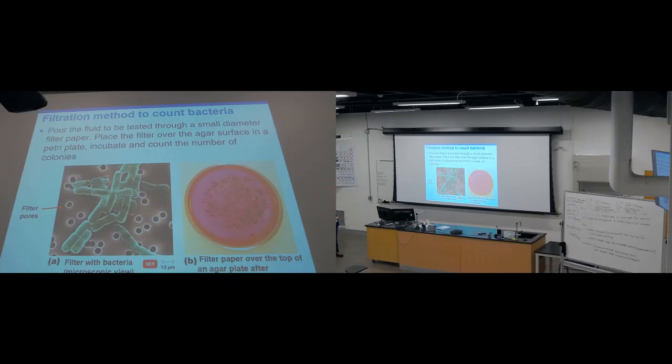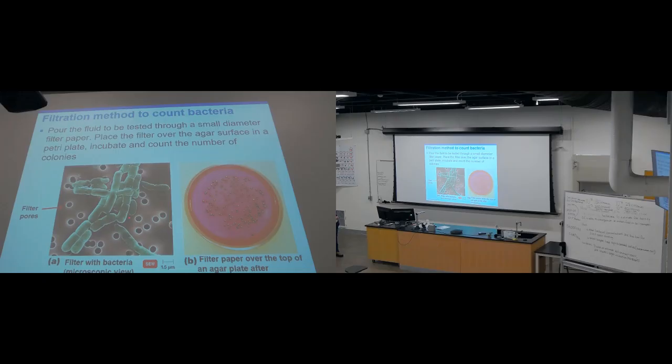And if you have bacteria that are, of course, bigger than the pores, and this is a scanning electron micrograph view of the top of a filter, and these little dots that you see here are the pores of the filter, then the bacteria will stay on top. Like in this case, this is E. coli.